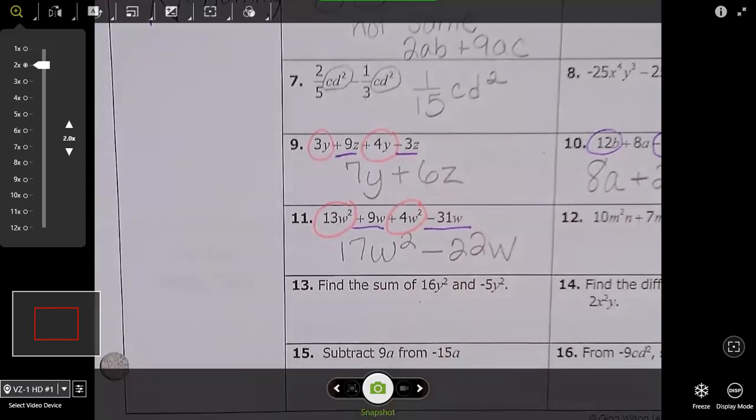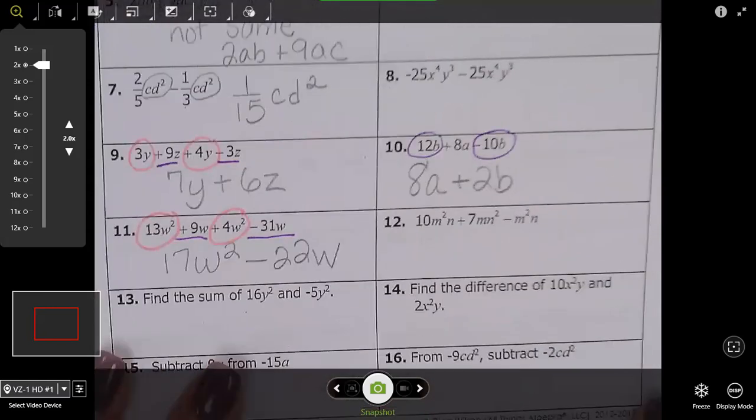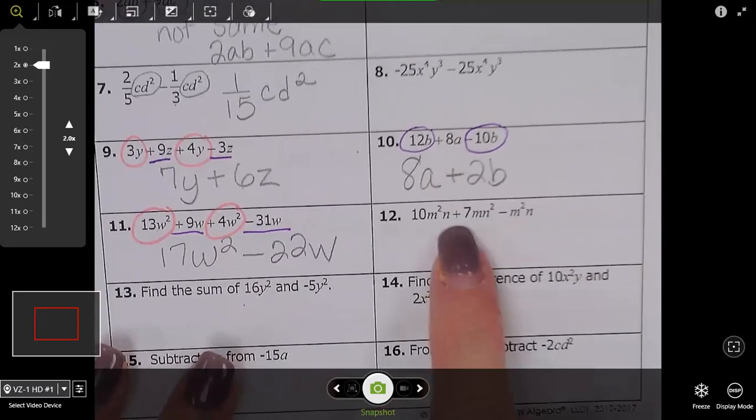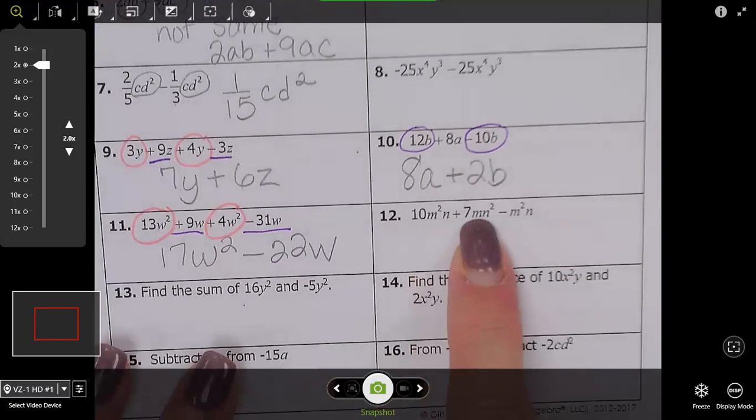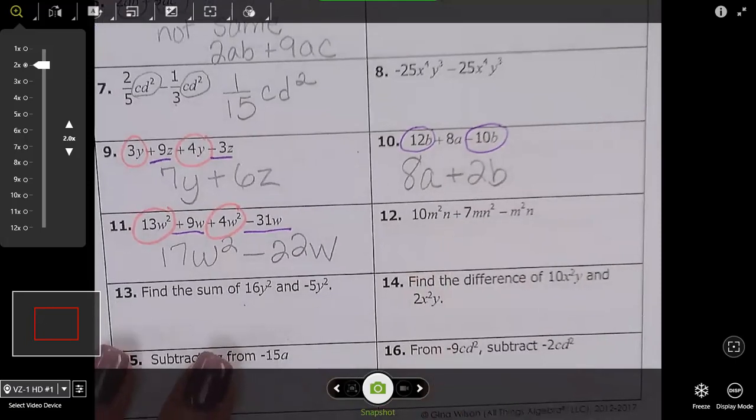So remember, I have to have the same variable and the same exponent to combine them. Same variable and the same exponent. All right, but now moving over to number 12, I've got a squared m and n, a squared m and n, but are those two the same?